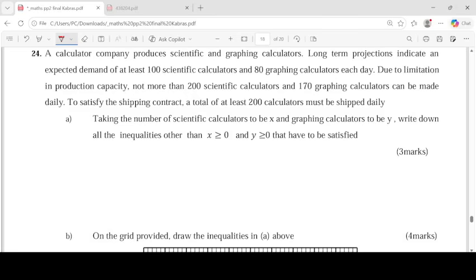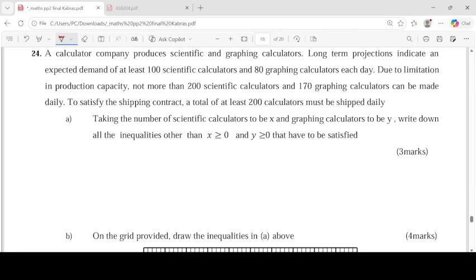To satisfy the shipping contract, a total of at least 200 calculators must be shipped daily. Taking the number of scientific calculators to be X and the graphic calculators to be Y, write down all the inequalities other than X being less than or equal to 0 and Y being less than or equal to 0 that satisfy this.